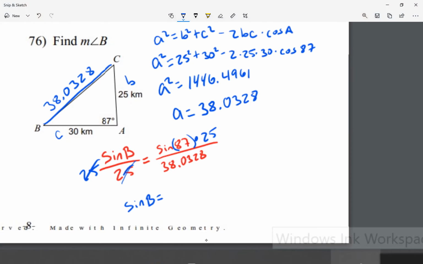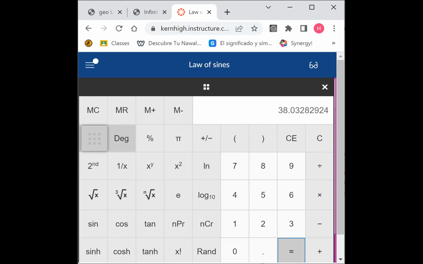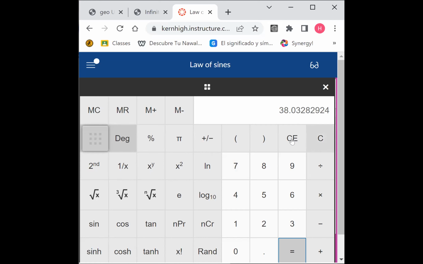38.0328. Okay, let me grab my calculator out here. Let me clear this out. So I'm just going to go sine of 87 times 25 divided by 38.0328.